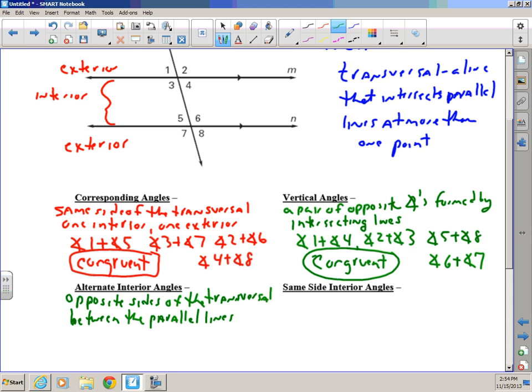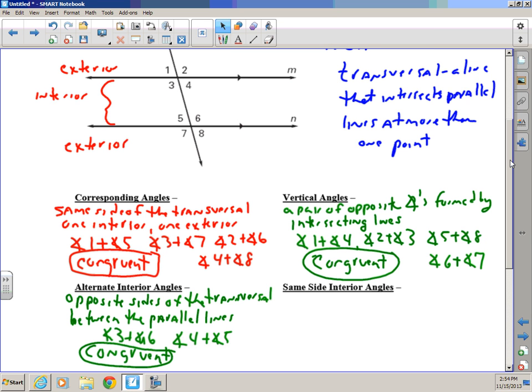So what angles fit that bill? Well, 3, 4, 5, and 6 are the only interior. So who's on opposite sides? 3 and 6, 4 and 5. And again, 3 and 4 technically are on opposite sides, but we don't need a special rule for them because we know they form a straight line. Alternate interior angles are congruent to each other.